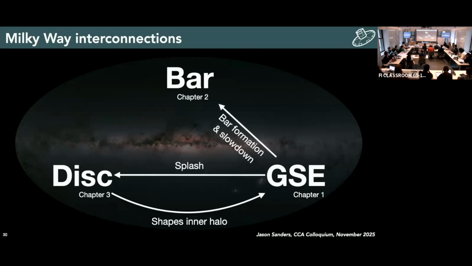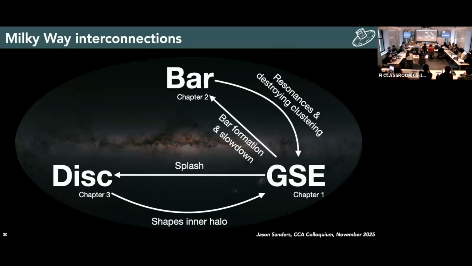The GSE and the dark matter, the GSE potentially produced the bar, and then has also maybe in its dark matter distribution acted to slow down the bar. And the bar in return is producing these kind of resonances that we see in the GSE material, and potentially destroying this idea of identifying globular cluster clustering.